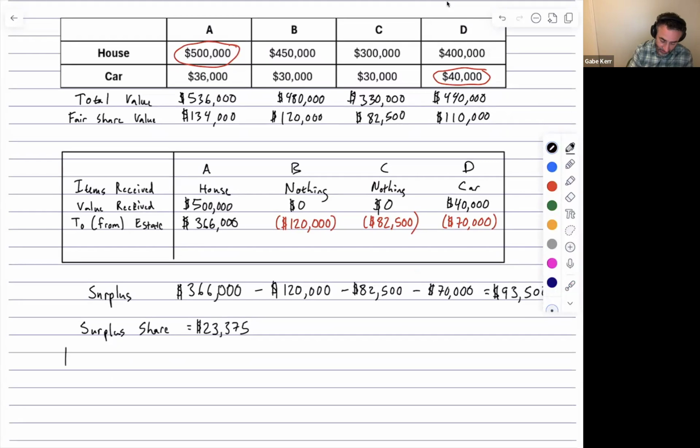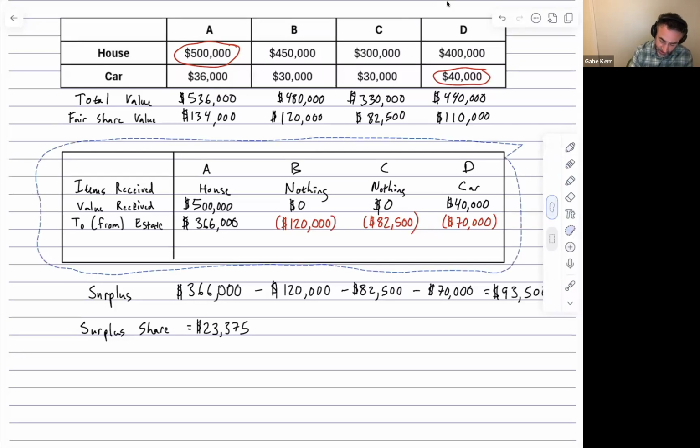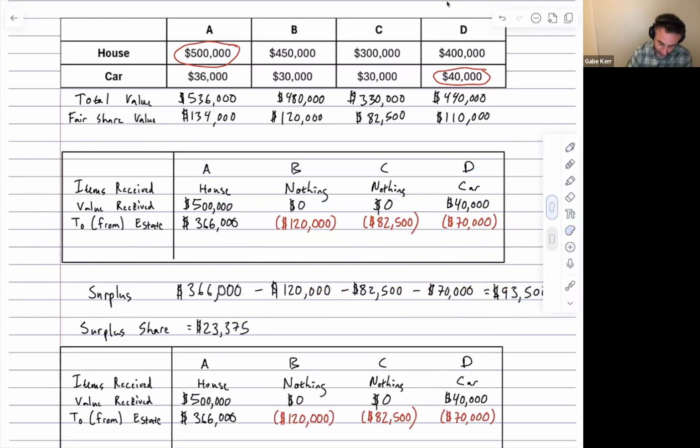So what happens in the final settlement is we're going to write down the final settlement. Actually, why don't we do this? I'm going to copy this whole thing, and I'm going to just adjust what I have here.